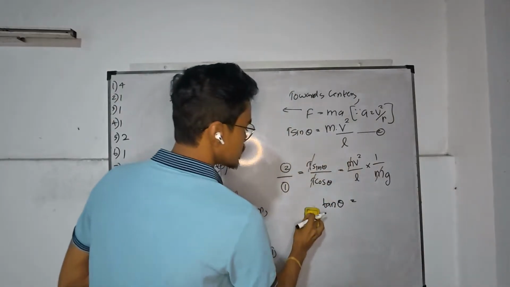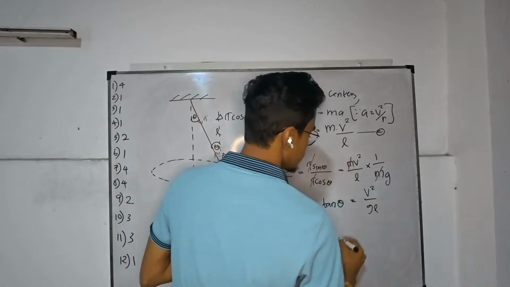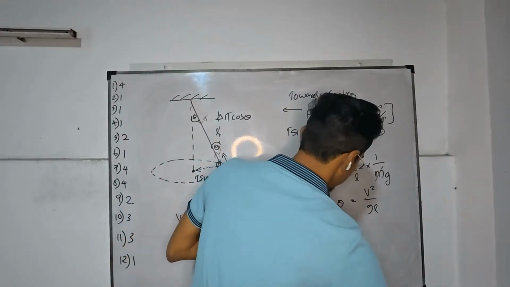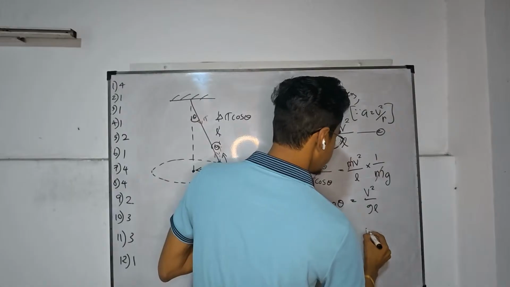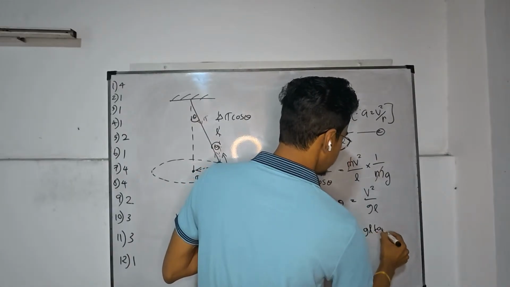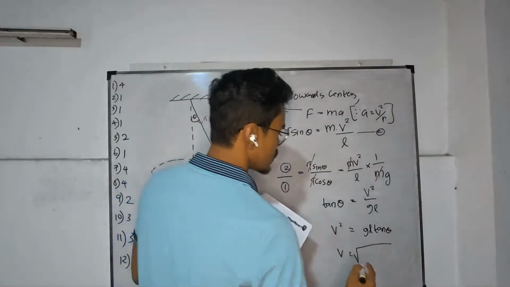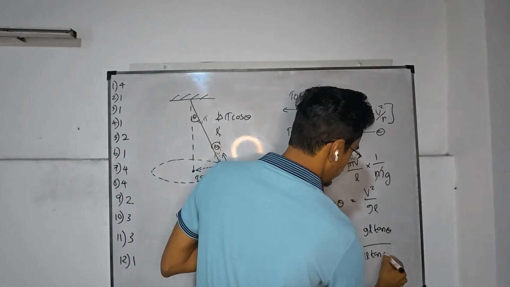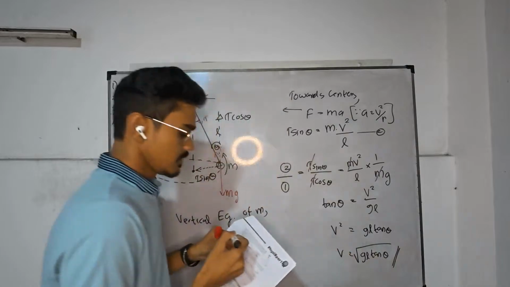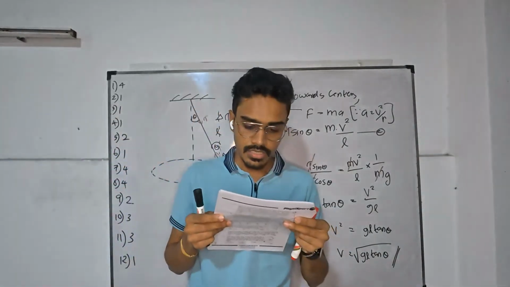Tan theta equals v squared over gL. Make v squared the subject, because my target is v. v squared equals gL tan theta, so v equals root of gL tan theta.